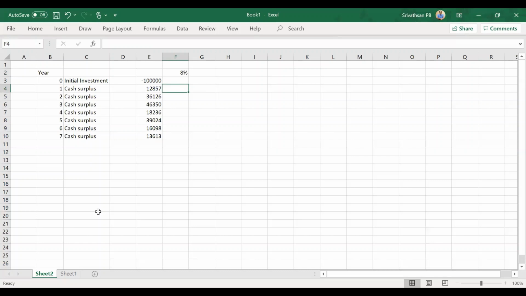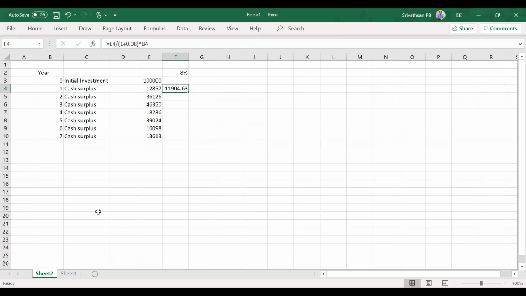So what you get at the end of 1 year is to be discounted by 8%. So 1 plus 0.08. Since it's only 1 year of interest, I just use the power 1.